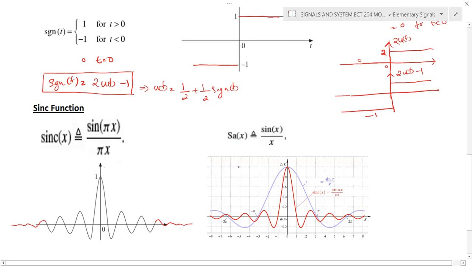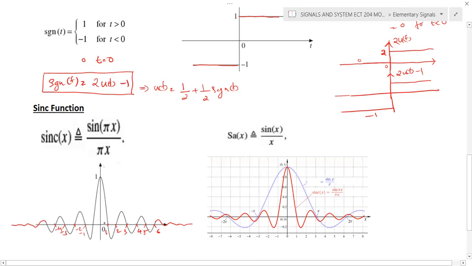Okay, and if we take sinc function, you can see that the function crosses 0 at 1, 2, 3, 4, 5, 6, etc. Here also -1, -2, -3, -4, etc. So for these values, it will cross the 0 point.